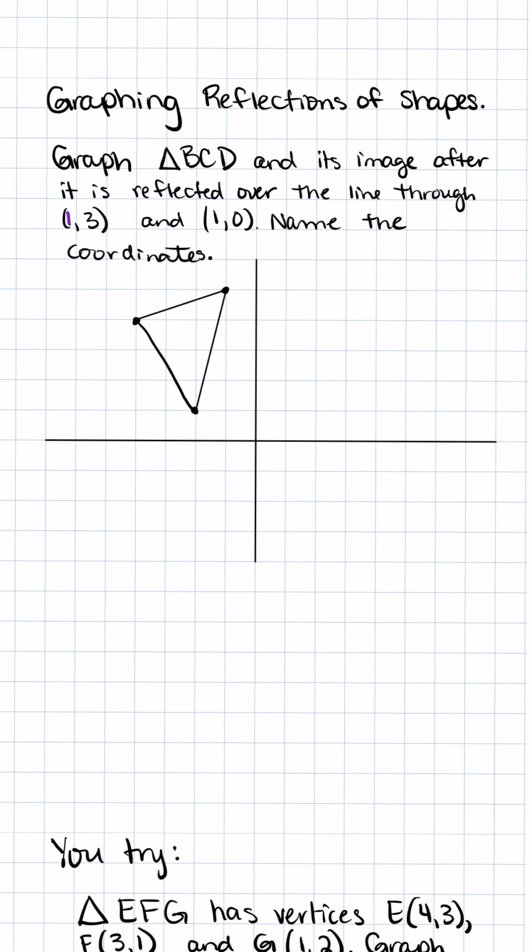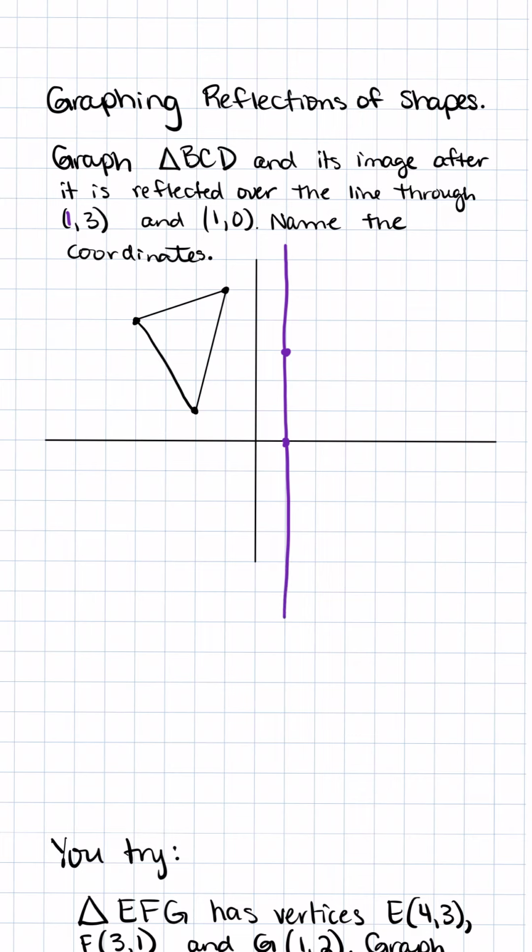So that means we've been previously using the x and the y axis as the line of reflection. Now it wants us to use the line over 1, up 3, and over 1, 0. This is our new line of reflection.